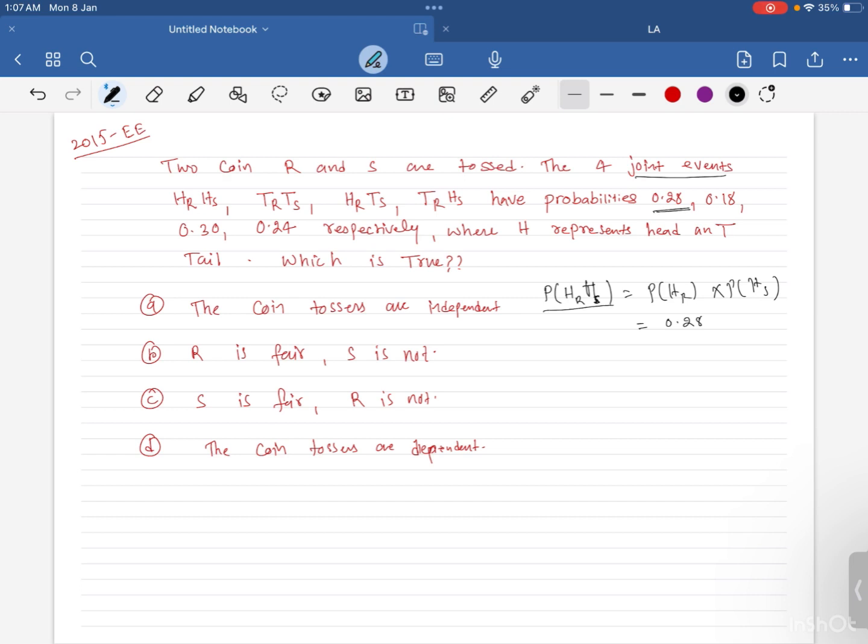Similarly, we can write that the probability of head on R and tail on S is equal to the probability of head on R into the probability of tail on S. So let's assume that these are independent. So that should be equal to 0.30.